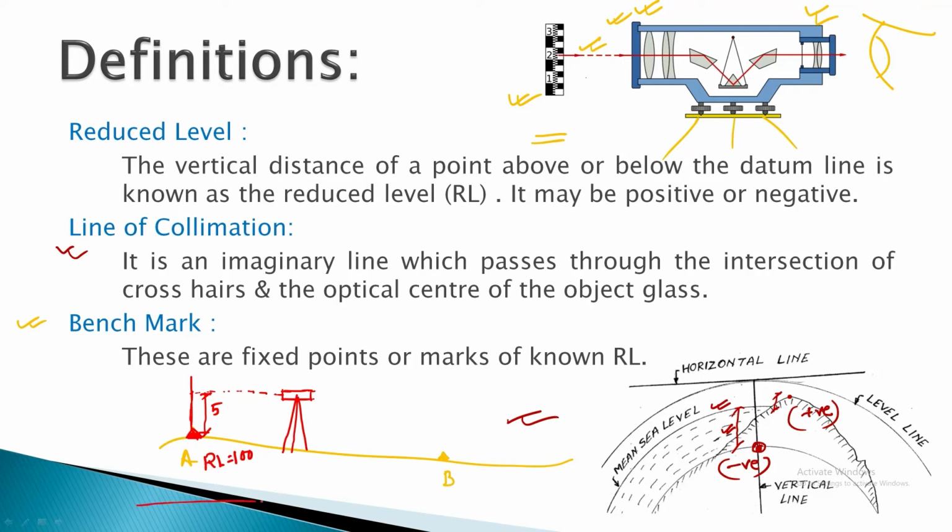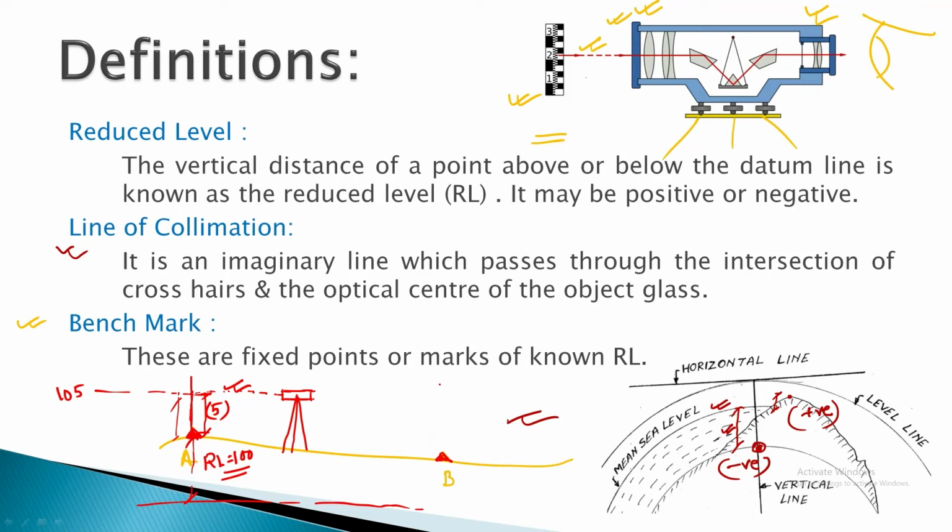That means there is some datum surface, and from the datum the height of point A is 100. When we take the backside reading, the initial first reading, that gives the value 5. If we add this 5 to the RL of point A, we get the RL of the height of the instrument, which will be 105, because up to this point it is 100, and adding this height of 5, it is 105 level.